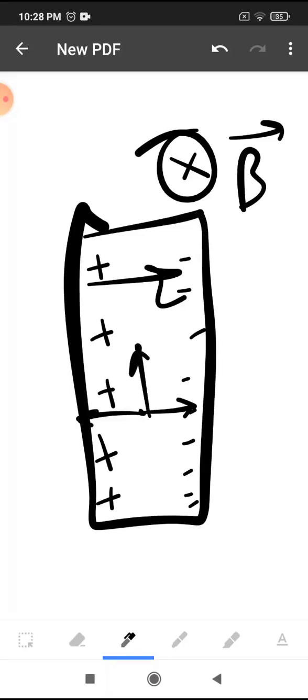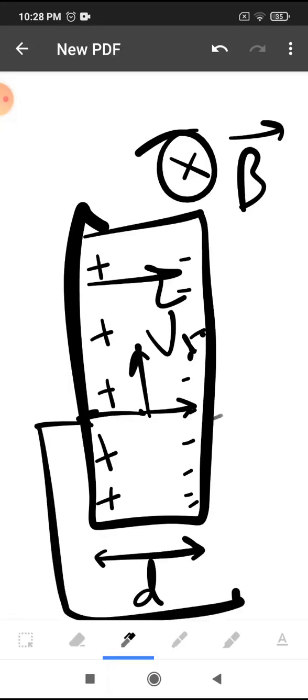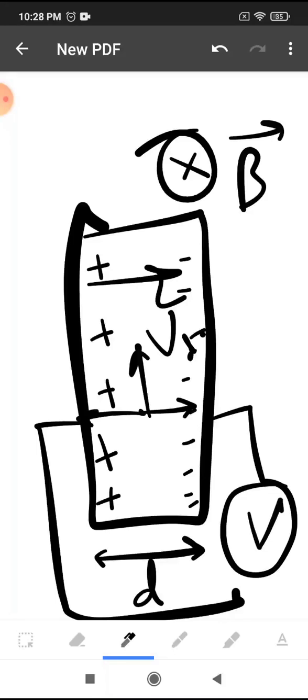It was just simply moving like this with some Vd. So what I want to say is that the experimental importance of Hall effect is that across this depth D, if you attach a voltmeter V, let us say, you can get a reading of the Hall potential difference across this width.